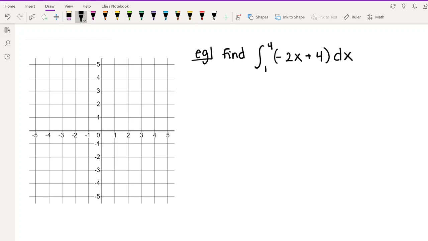So the first step is to actually graph our function, and then we will figure out what part of that function we are actually talking about, and then we'll find its area. So negative 2x plus 4, that means we have a line with a y-intercept of 4 and a slope of negative 2. So it's going to look something like this.